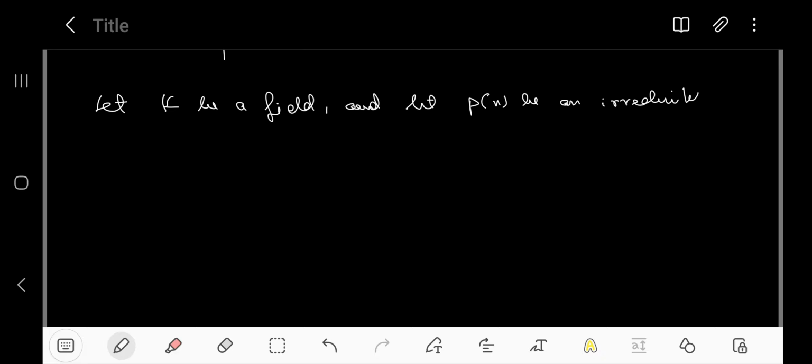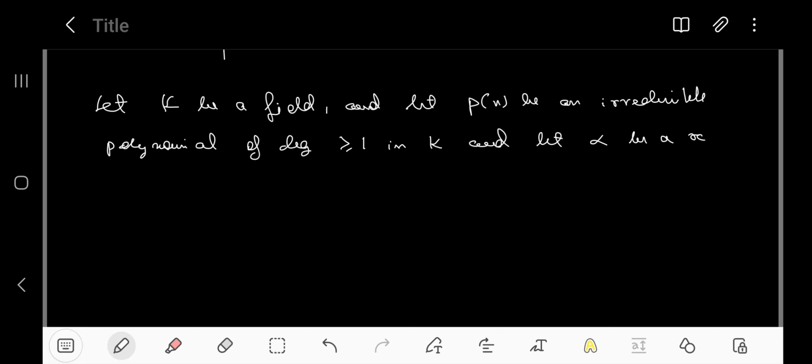So how do we do it basically? Suppose K is a field, let K be a field, and let P(x) be an irreducible polynomial of degree greater than or equal to 1 in K[x], and let alpha be a root of P(x).